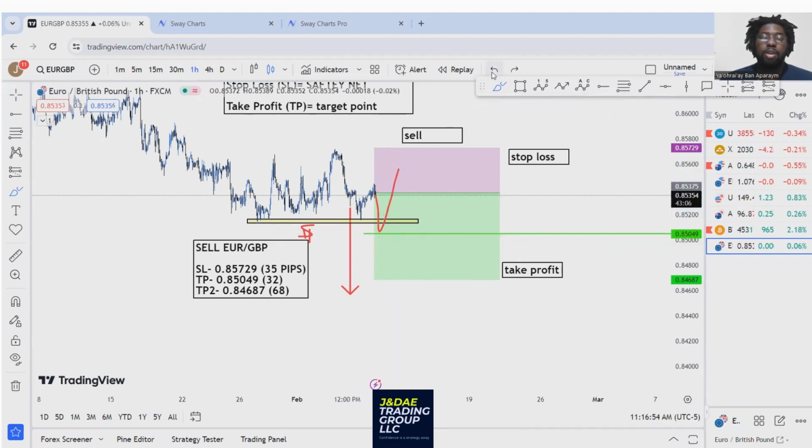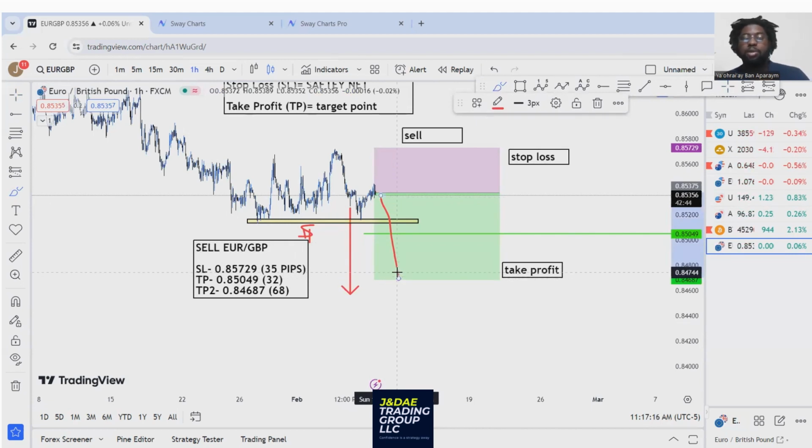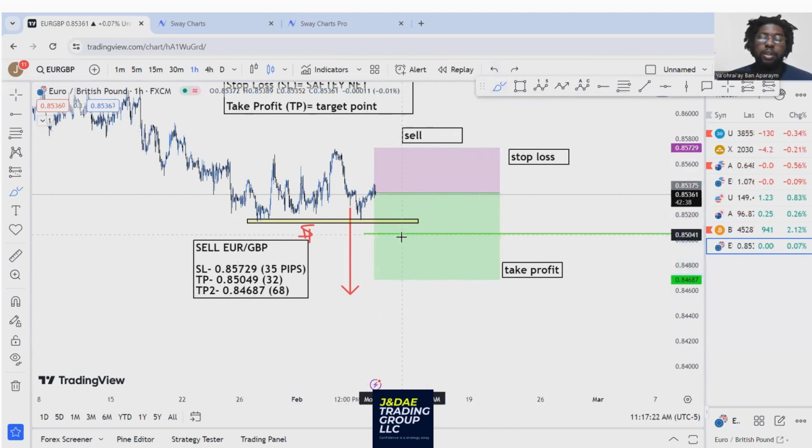So this is a high probability area, the first target, the first one that's going to be hit. Price can hit this level and reverse and never go down to this level down here. That is what TP1 is for. And TP2, or TP3, depends how many TPs I have, the last TP on the list is where I expect price to overall go to.